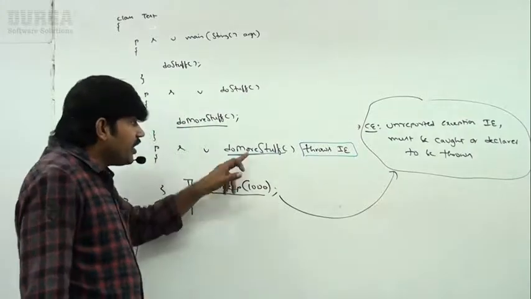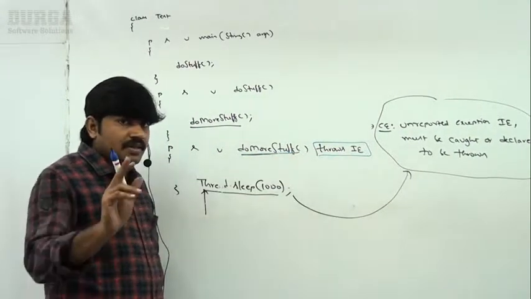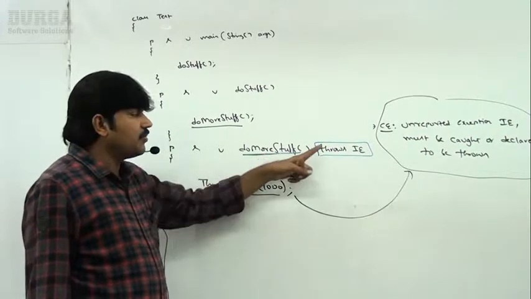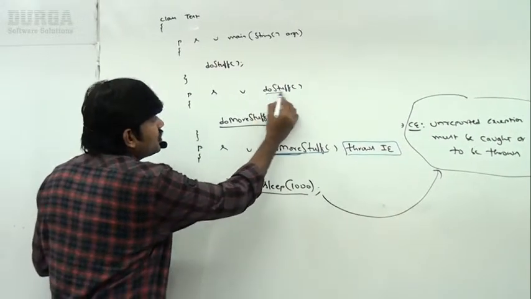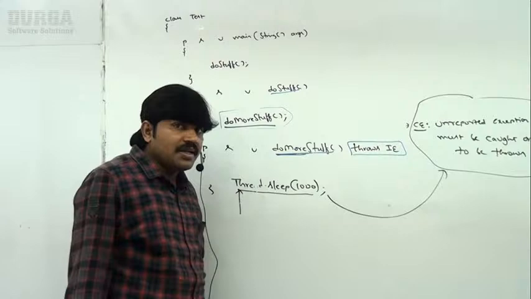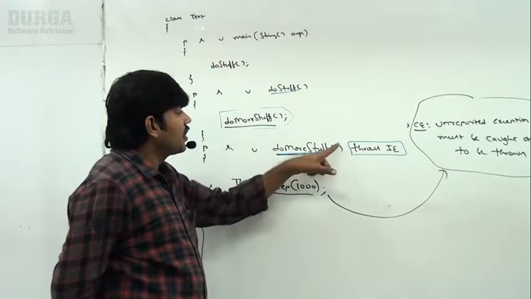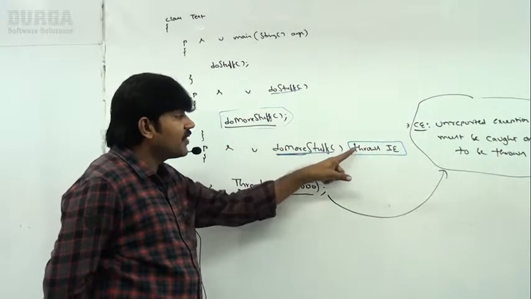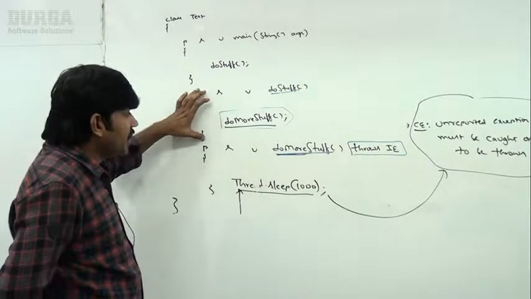Now whenever doMoreStuff keeps throws InterruptedException, then immediately the compiler understands: doMoreStuff, you delegated this responsibility to your caller. Who is the caller of doMoreStuff? doStuff, because doStuff internally calls doMoreStuff. Then immediately the compiler says: hey caller doStuff, you are calling doMoreStuff. doMoreStuff delegated the responsibility of handling InterruptedException. Where are you handling it?